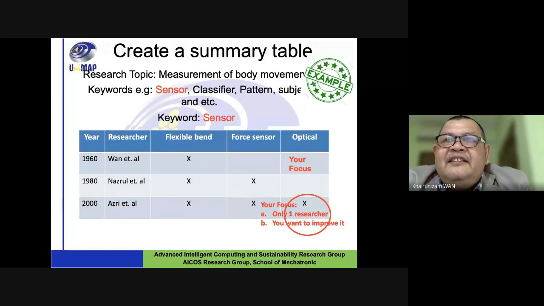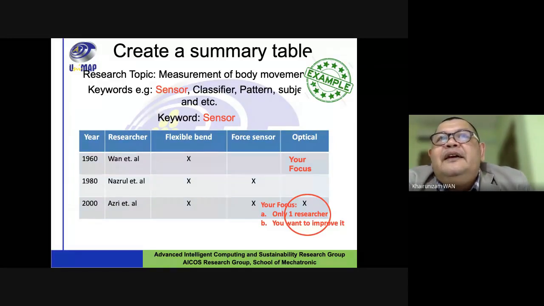So you want to take on the challenge, you want to improve the capability of the optical sensor to be used as a sensor for the measurement of body movement. So now you have already identified that sensor type is one of the problems, and you want to use the optical sensor to improve the measurement of body movement.